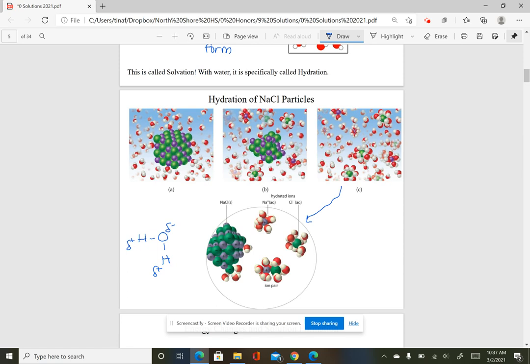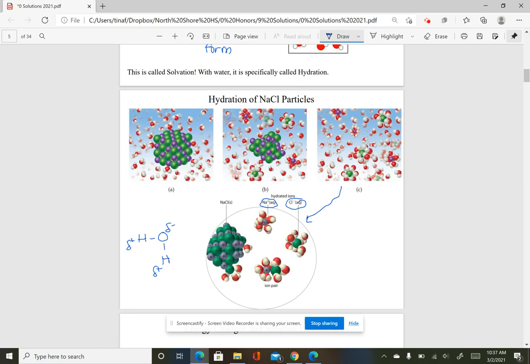Okay, so guys, if you look at this Na plus ion, that's the purple ion in there, what side of the water molecule do you notice is facing the positive sodium ion? The negative oxygen. And if you look at the Cl minus ions, again, it's surrounded by water molecules, but what side of the water molecule is facing the chlorine ion that's negative?